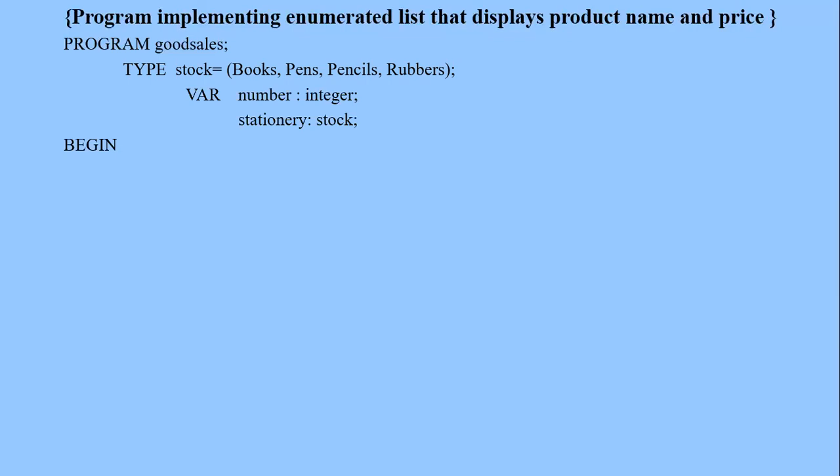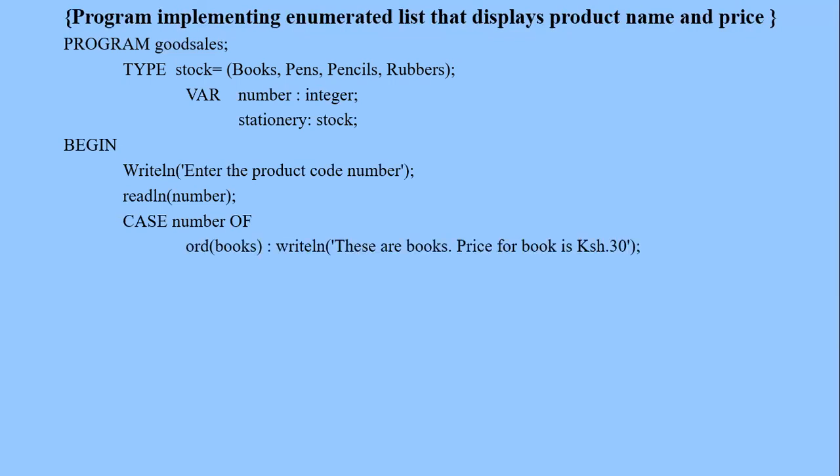Then we have begin. So we display the statement, enter the product code number, and the user types a number, which is then stored in memory location called number. And then we are able to use that value in memory location called number to display the item whose number is entered, and of course, its price.